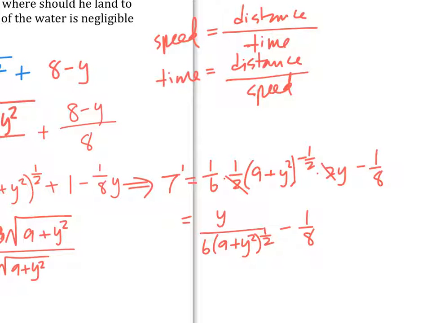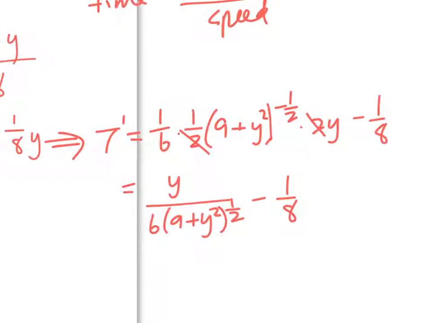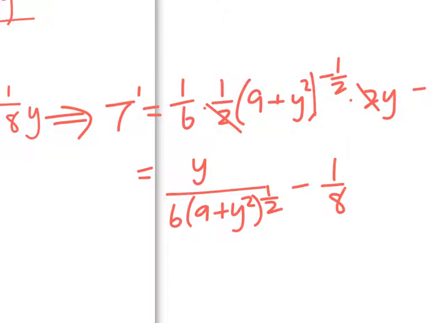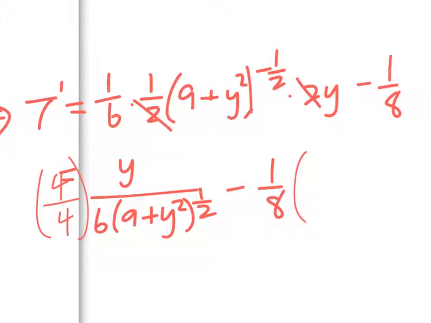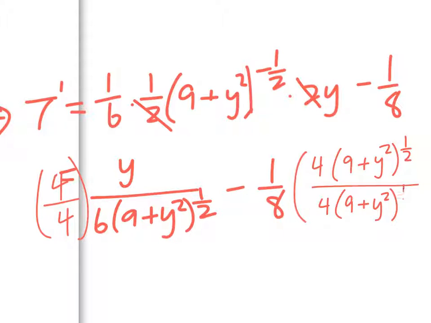Then we want to get the same denominator. The least common denominator is 24, so I'm going to multiply 4 over 4 here. That is 4y minus 4, 9 plus y squared to the 1/2.